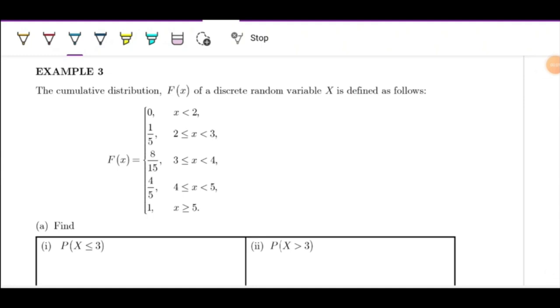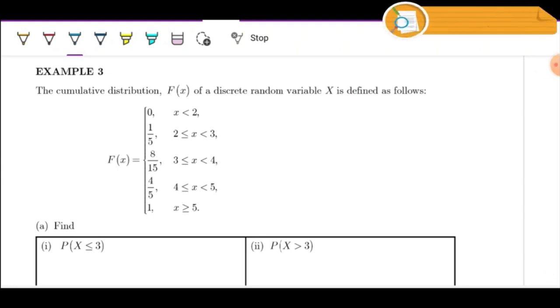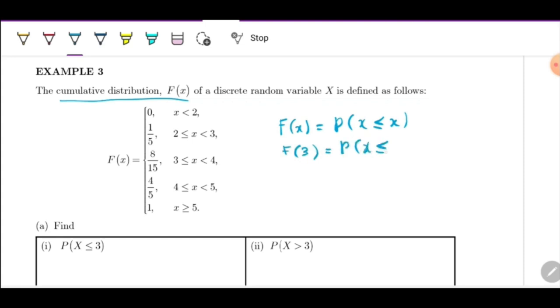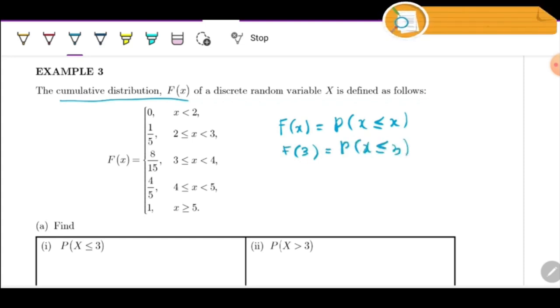Example 3. In this example, I want to show you how to find the probability from the CDF. By definition, the CDF, or capital F of x, is equal to the probability of x less than or equal to x. For example, F of 3 is equal to the probability of x less than or equal to 3.